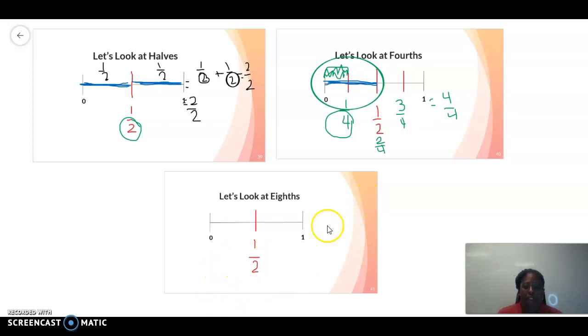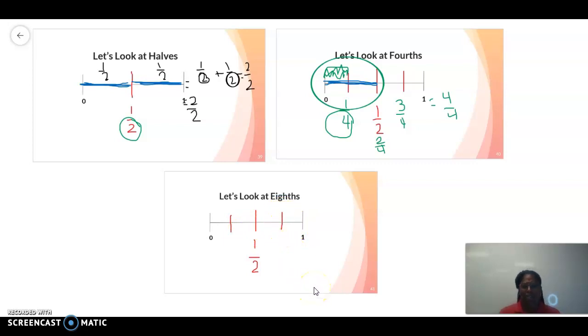Okay, so now I am going to divide my number line into fourths before I do eighths. And I'm going to show you why, because it's going to make it much easier for you to put your points on your number line. So again, from 0 to 1/2, we're going to place a marker here. And then from 1/2 to 1, we're going to place a marker here.